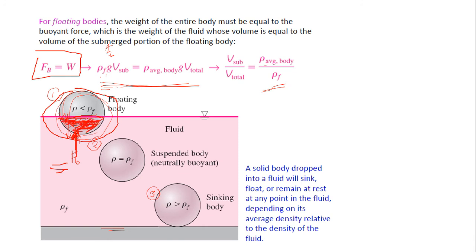That's rho GV for FB, and this is equal to W, the weight of the object: the rho of the object times G, constant G, times V of the object. So this V total ni V object. So this is the equation for floating body kan.